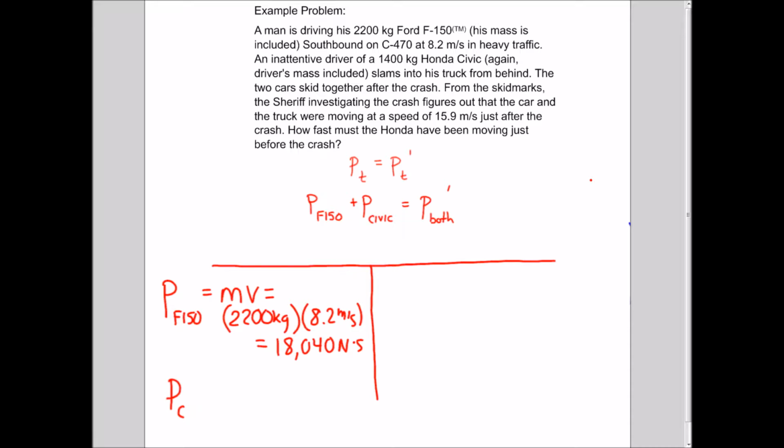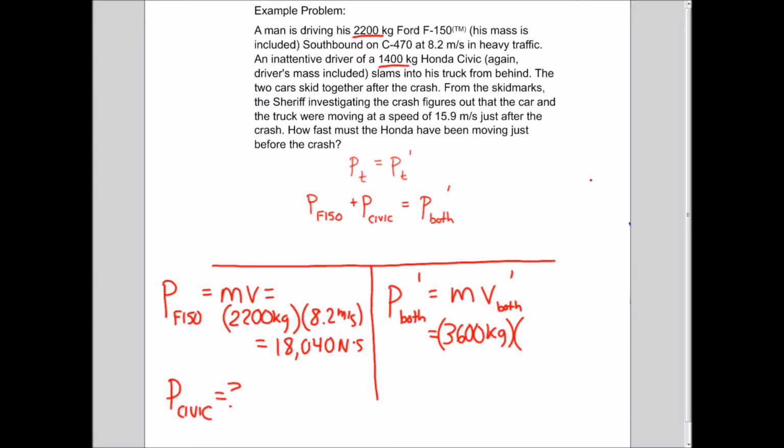Okay, I know the momentum of the F-150. Remember, I don't know what the momentum of the Civic is, so I'm just going to leave that alone for now. But I do have enough information to find the momentum of both of them after the collision, which will be their mass times their velocity as they are moving together. If I take these two masses, 2,200 kilograms and 1,400 kilograms, that's the two vehicles, their total mass is 3,600 kilograms.